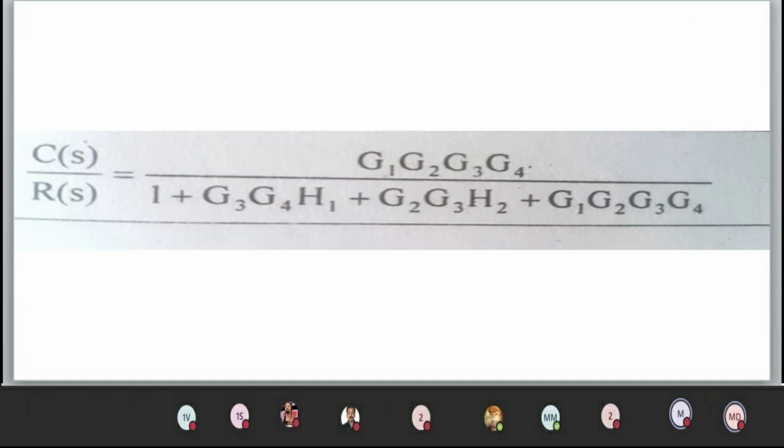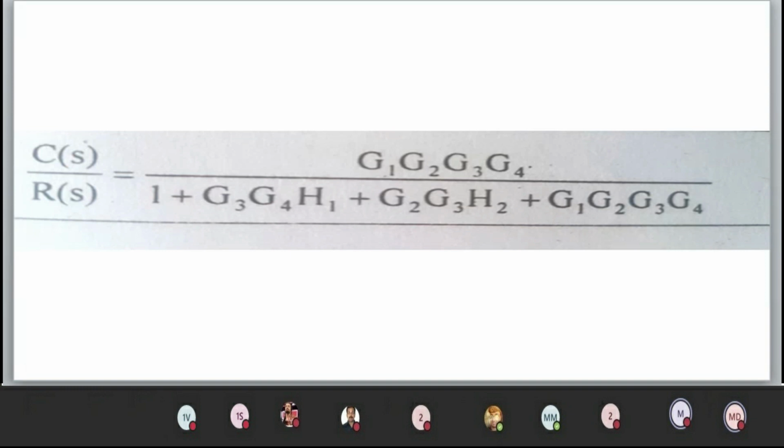R of S, which states that the Laplace transform of output variable C of S to the Laplace transform of input variable R of S at 0 initial condition is G1, G2, G3, G4 divided by 1 plus G3, G4, H1 plus G2, G3, H2 plus G1, G2, G3, G4.